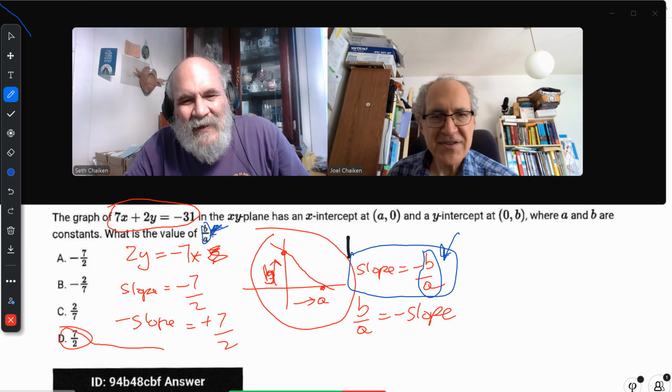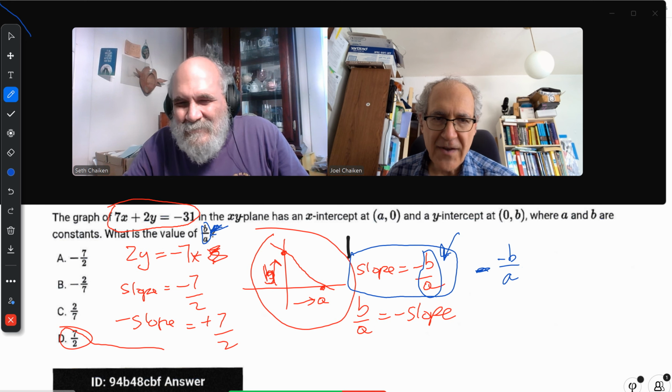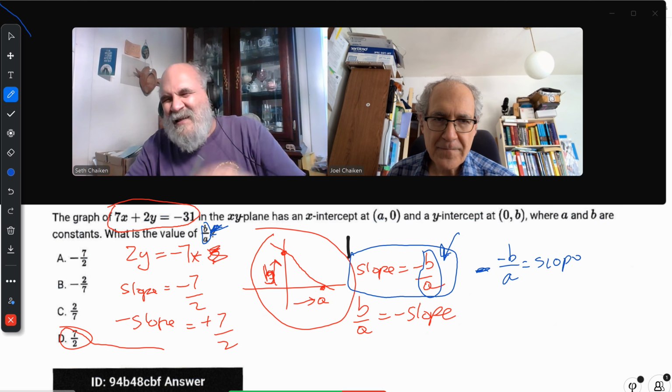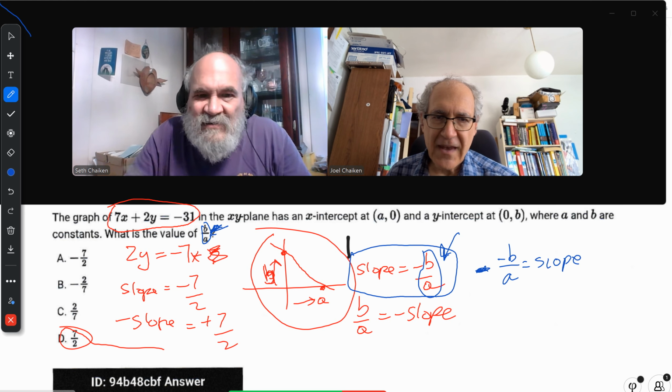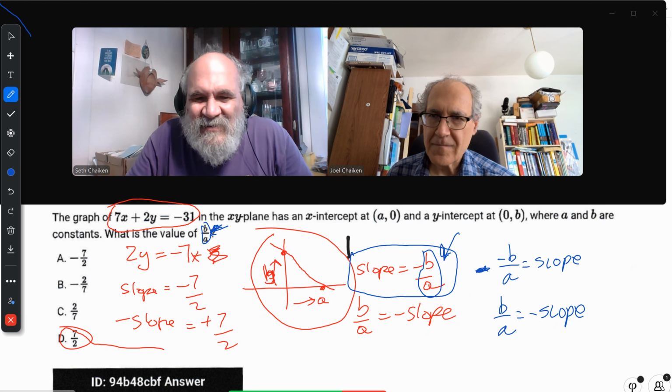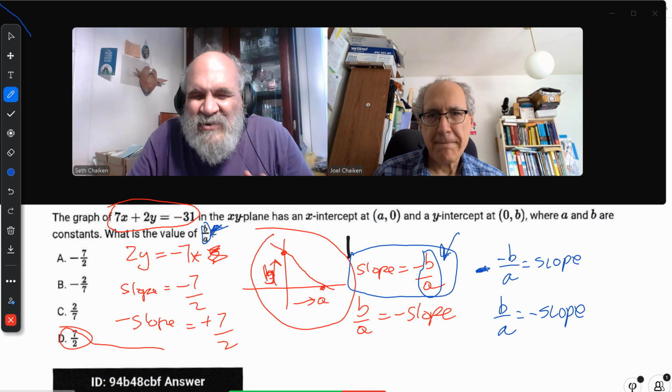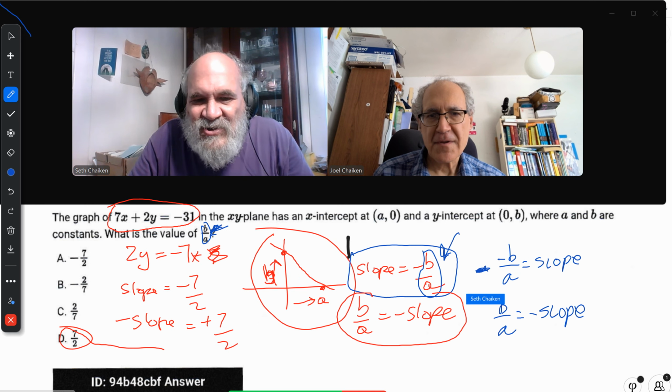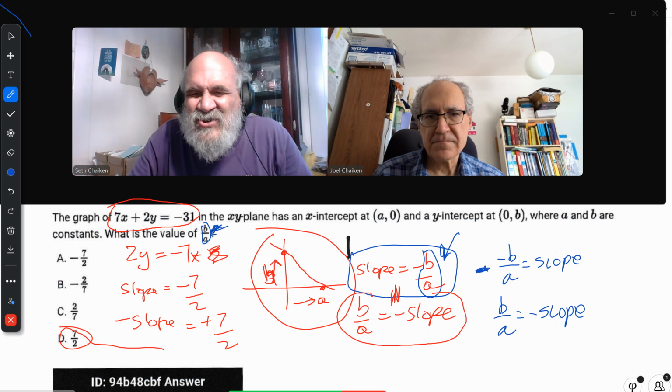So we would divide both sides by -1, or multiply both sides by -1, to say that negative B over A is the slope. By the time you're taking the SAT, it's a good idea to be able to figure out this relationship immediately.